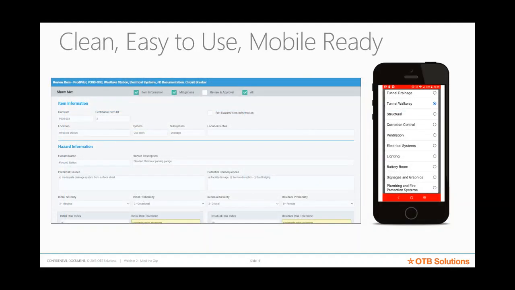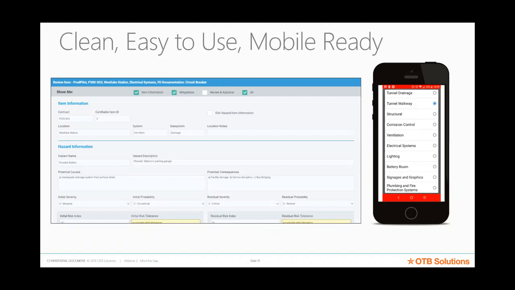So with that, like I said, one of the things that we've really been focused upon is providing a usable interface that pre-fills as much information as we possibly can to reduce the amount of key punching, if you will, that people need to do, and to ensure data integrity.